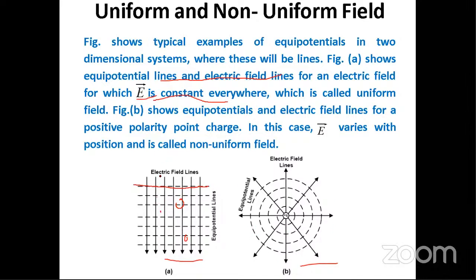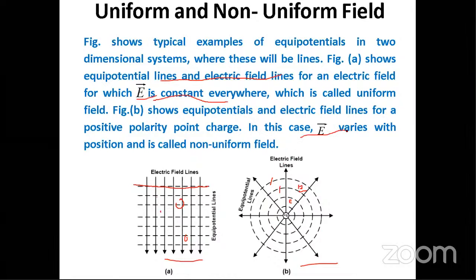But in the case of figure B, these concentric circles are maintained at the same potential. That is why these lines are called equipotential lines. But if you measure the electric field here, and then measure the electric field here, in the two cases you will find that the electric field is different.